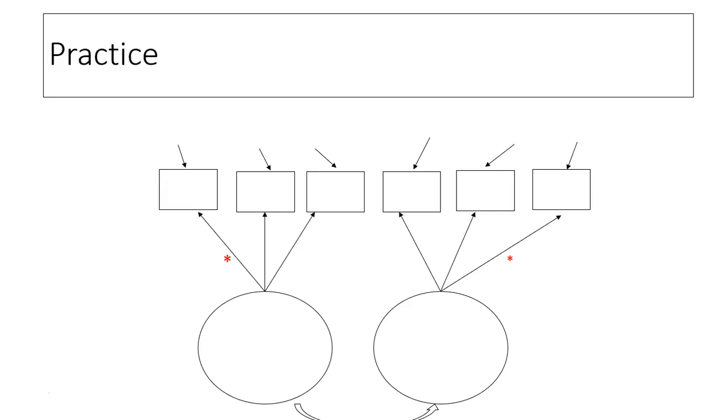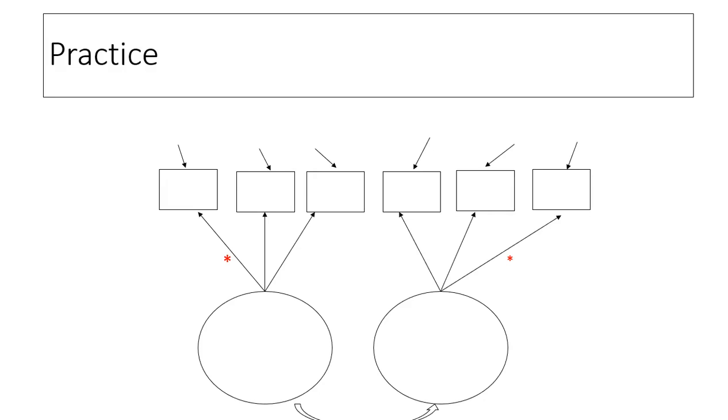There's also a technical explanation for this, but it's just to say that latent variables are scale free. They're hypothesized entities, sort of hypothesized into existence, so they don't have an underlying scale, like this latent variable goes from 0 to 100. So what we have to do is use one of our free to vary parameter estimates for every latent variable and fix it, and the common thing to do is to fix it to 1.